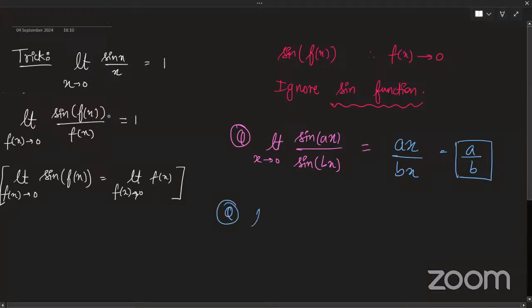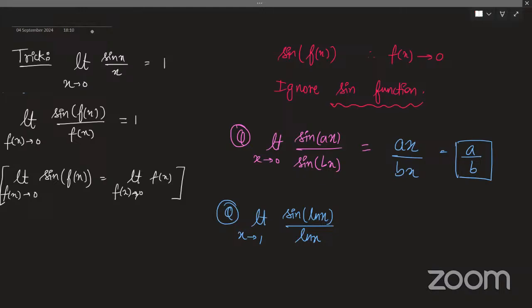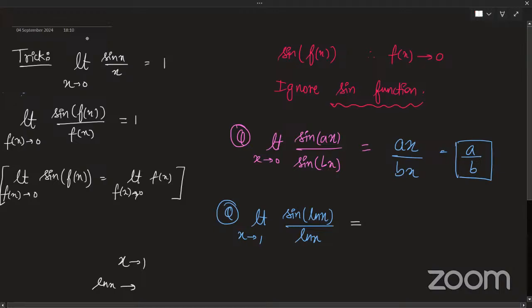Same thing. Limit x tends to 1, sine of ln x divided by ln x. If my x is tending to 1, where is my ln x going to? If my x is close to 1, where is my ln x going to? That is what I'm asking.